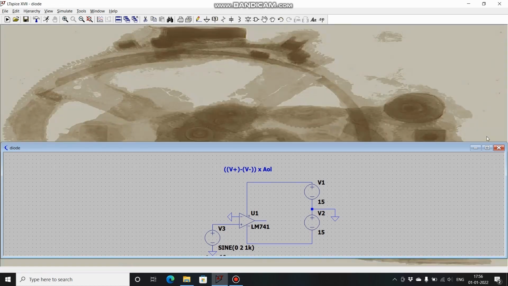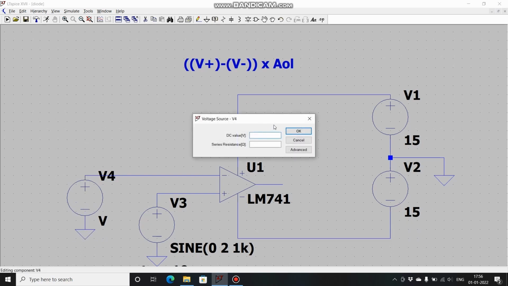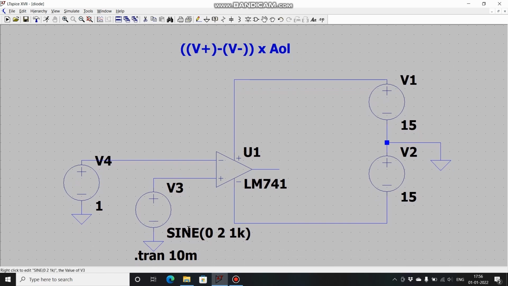Let's try by setting some reference. I will remove this ground and I will connect a 1 volt source, like this, and I will keep the voltage at 1 volt. Now, what should happen is whenever this sine wave crosses 1 volt, our output should go to positive saturation.